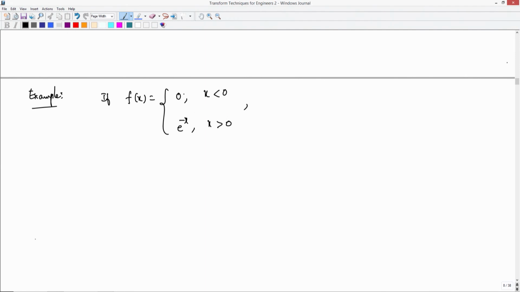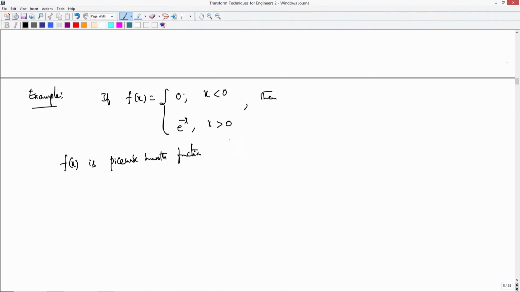So, what happens to this function f of x? It is a piecewise smooth function, clear, right.